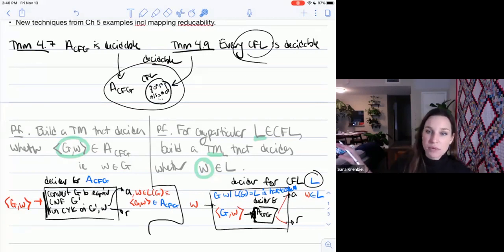So I'm not going to bother myself with figuring out what that G is. I just know that out there, there's a Turing machine that is hard-coded with a grammar that recognizes the language. So I'll take that hard coding and bundle that grammar with whatever W I pass into the machine, then run a CFG, and then I'll be able to figure out whether W is in L.